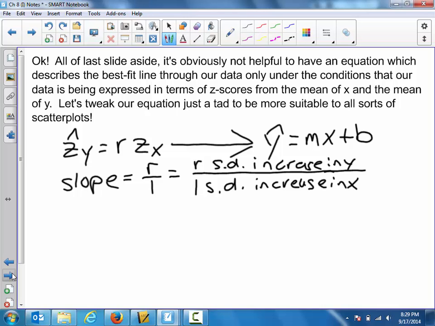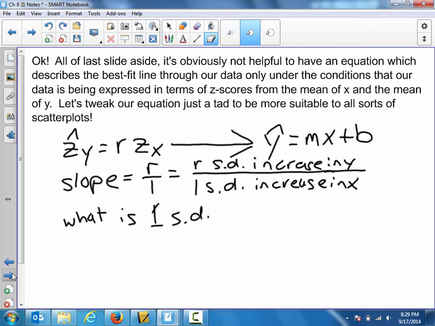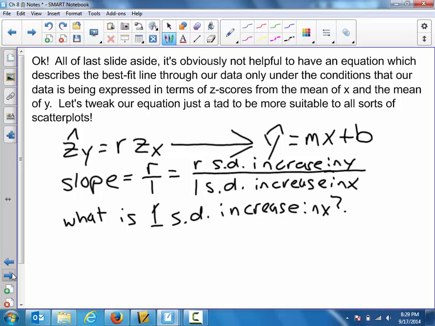If I'm not just talking strictly in terms of standard deviations, but now I've got units, what is one standard deviation increase in x? Well, that's just the standard deviation of your x variable. So that would be s, and I'll put a subscript here of x.